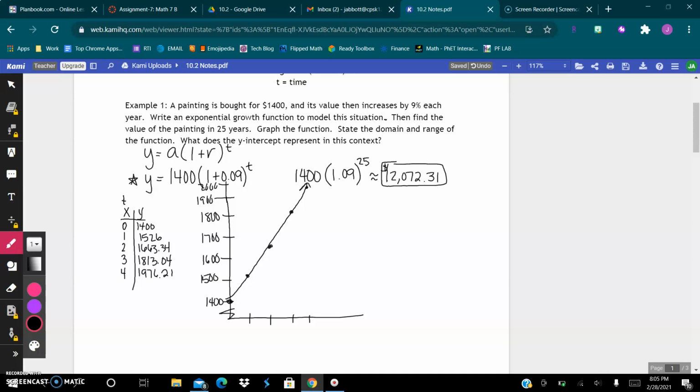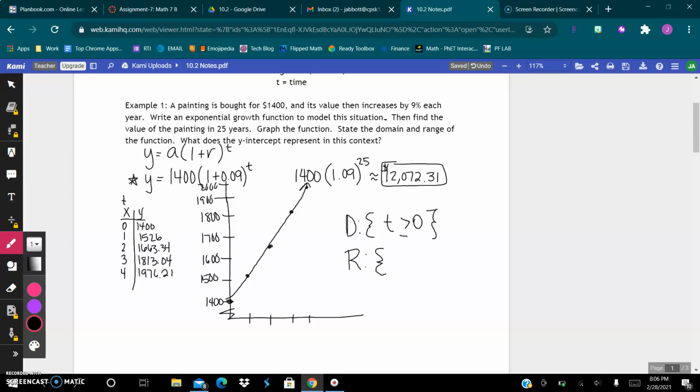Next, we have to state the domain and range. Domain values are our x values, in this case t, and t is standing for time. So we cannot have any negative numbers for that. So t is going to have to be greater than or equal to 0 in this case, because as we just bought it, that's 0. And then range is our y values.